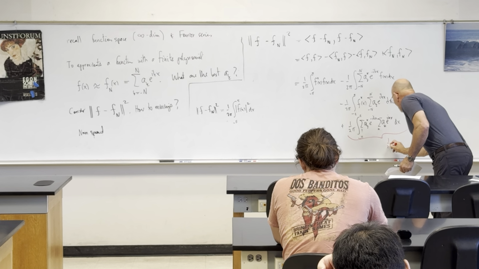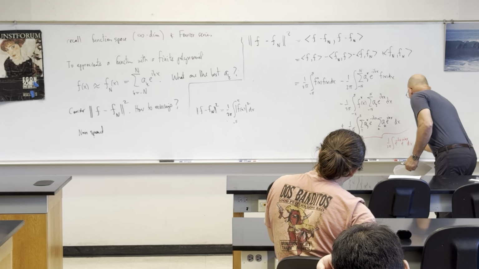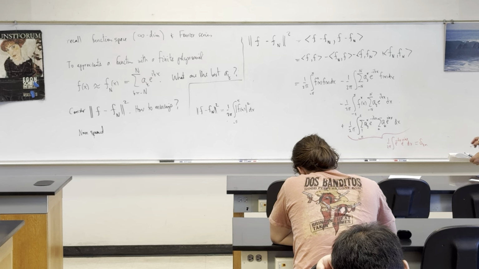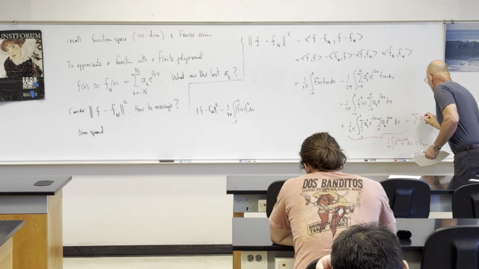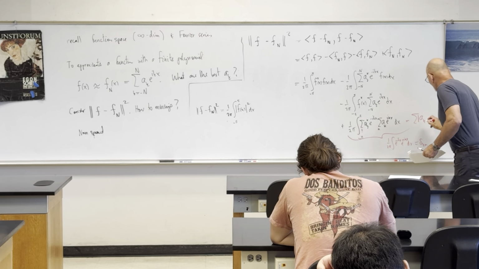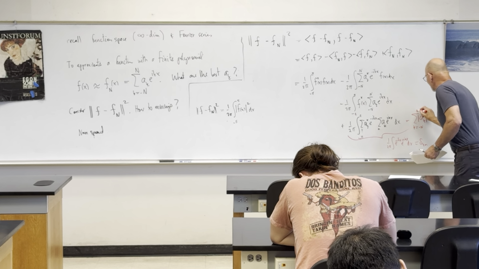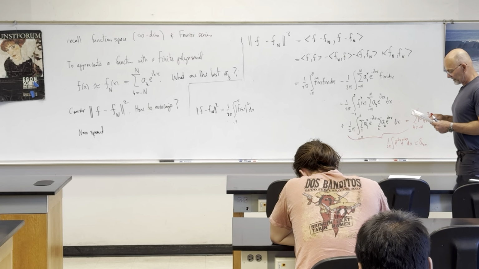Remember the 1 over 2 pi integral of e to the I kx e to the minus I nx, or the other way around, equals delta kn. So that simply turns into a single sum of a sub k, a sub k star, which is the magnitude of a sub k squared, k equals minus n to n. And so then we just have to look at these two middle ones.